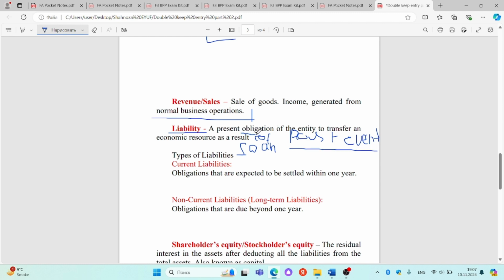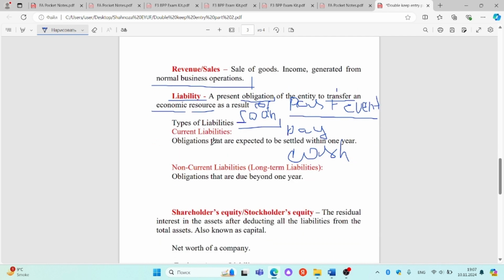So present obligation, it is our responsibility, like let's say we took loan from someone and it is our responsibility to pay this loan with transferring the cash that we have. We should transfer the cash for paying this loan. In other words, obligation to transfer an economic resource as a result of past events.